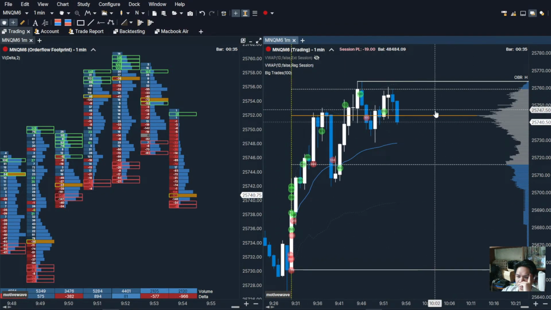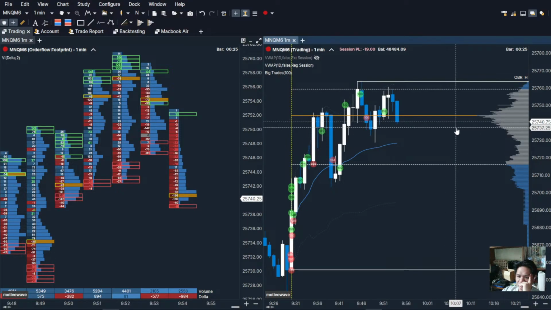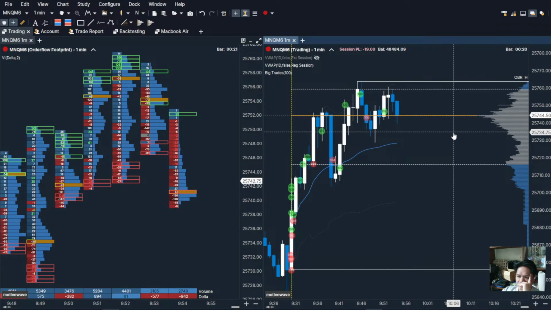Here we go. If we close below here, I'd be interested in a short. Let's see if we can break below this node.